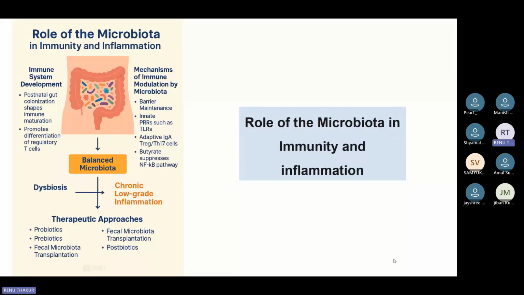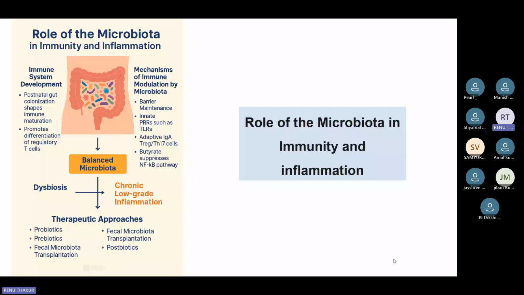We have to now start the most important part. We have already studied the role of microbiota in protecting our body against different infections, how our body fights against different pathogens, the bacteria, fungi, or any other foreign material.